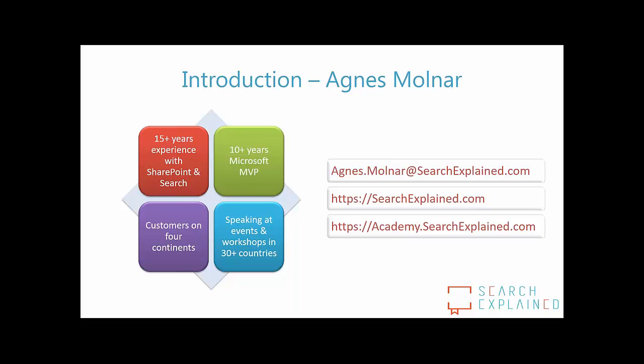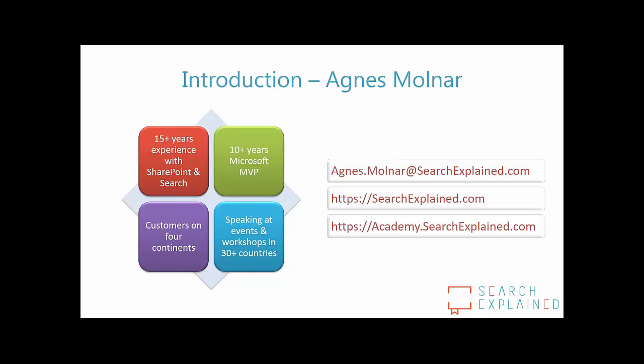So I've been around for a while, and we at Search Explained have customers on 4 continents, and I also like speaking at events, conferences, and we also do workshops around the world. You can find us at searchexplained.com, and we also have a training center where we provide online training courses.